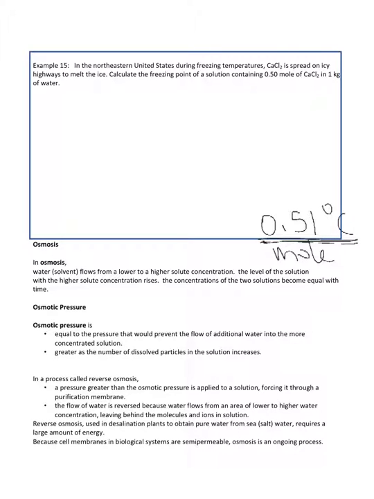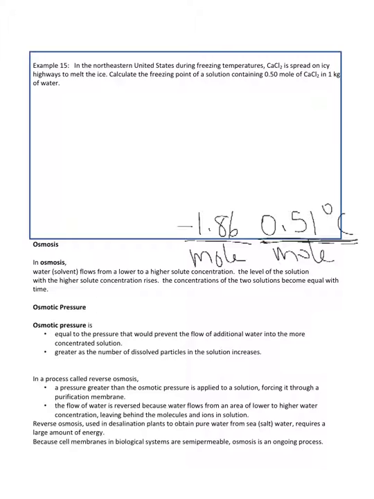And the freezing point is lowered by 1.86 degrees per mole. And again, it does not matter what types of particles. All particles added to water increase the boiling point by 0.51 degrees or decrease the freezing point by 1.86 degrees.